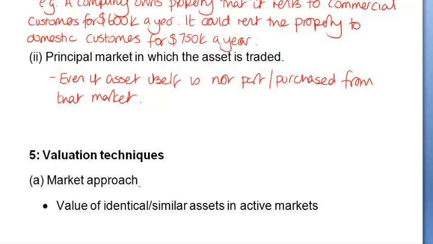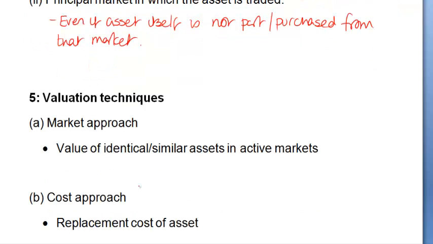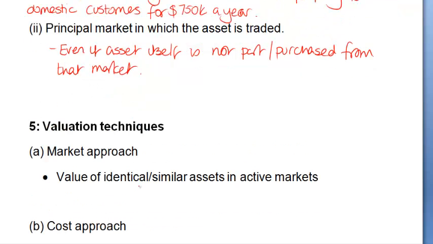So how do we go about valuing our assets? Well, we can look at the broad principles. We can take a market-based approach where we say, well, what is the value of a can of beans? A can of beans is a can of beans, isn't it? And if everybody else is paying $1.20 for it, it's worth $1.20.